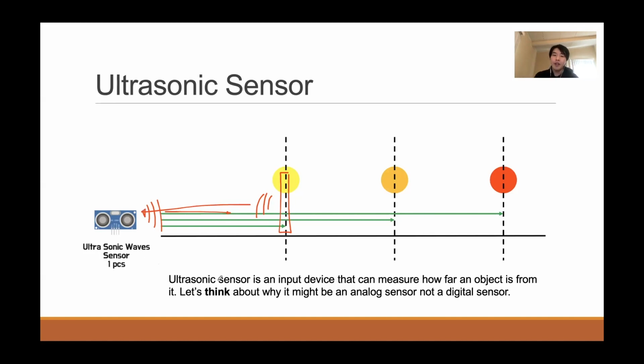Okay? So I guess I gave away most of the answer, but think about why it makes sense that the ultrasonic sensor should be analog, not digital. All right, hopefully you're thinking that, in order to measure distance across varying distances, it makes sense that the ultrasonic sensor should be an analog sensor.